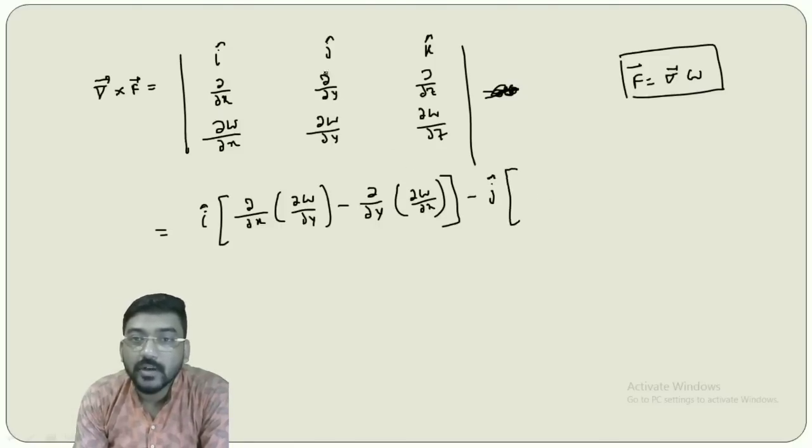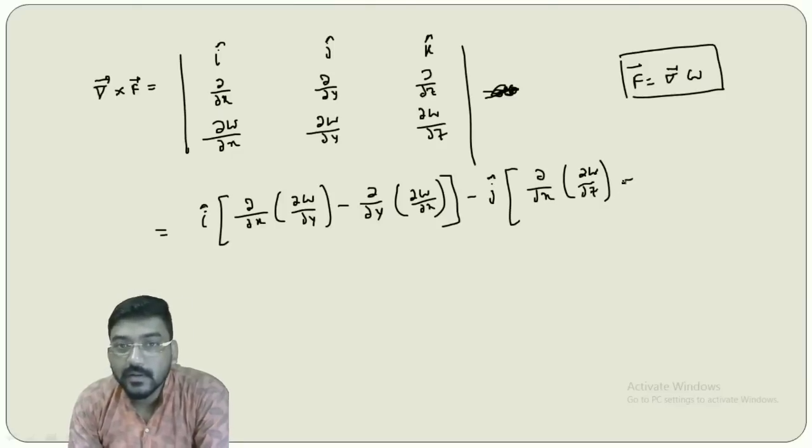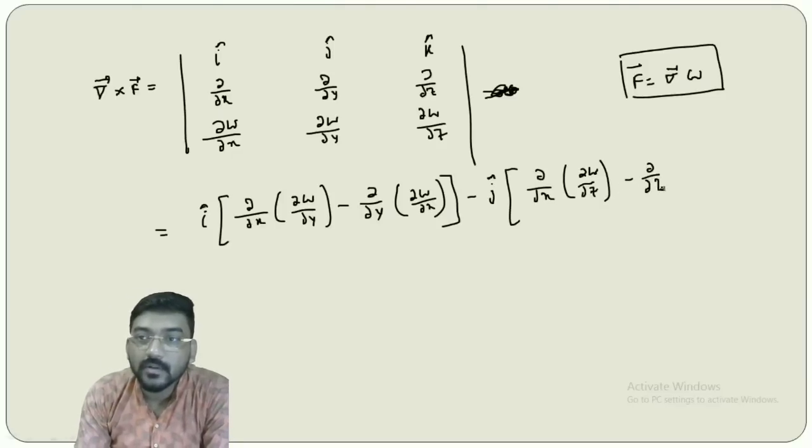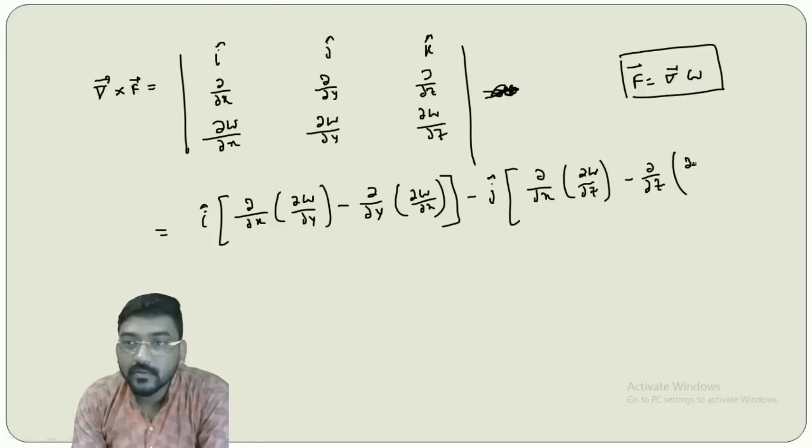Similarly, for the j component we have del del x of del W del z minus del del z of del W del x.